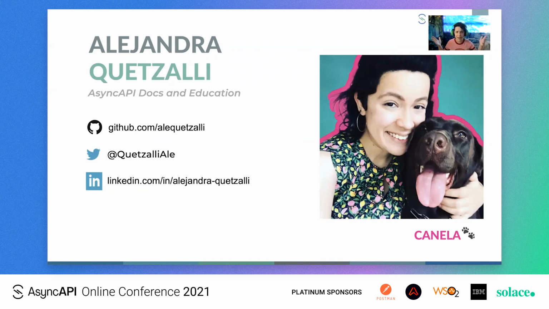Anyway, so what do I do? Why am I here, right? So I joined AsyncAPI a very short time ago. I'm so excited to be working as an open source contributor with all of you other amazing people. And what I joined to do was to work on the docs and learning educational materials. So we have some tutorials right now, but we have so much more content that we really need to add.